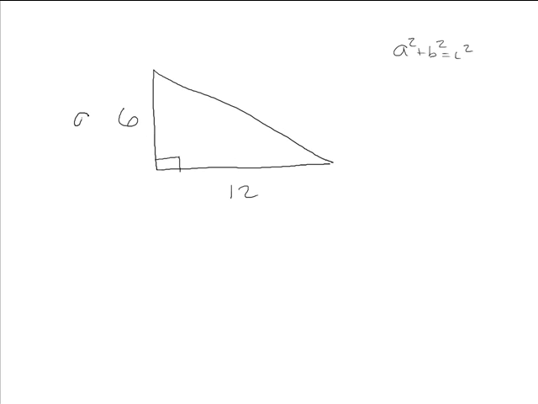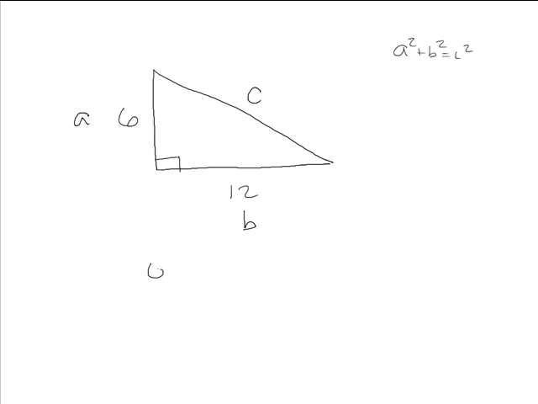So I'm going to say that this is A and this is B. That leaves me with the hypotenuse always being C, and that's true. It doesn't matter which side you are looking for, the hypotenuse is always C. So what we're going to do is fill these numbers in, 6 for A, 12 for B, and figure out what we get for C.